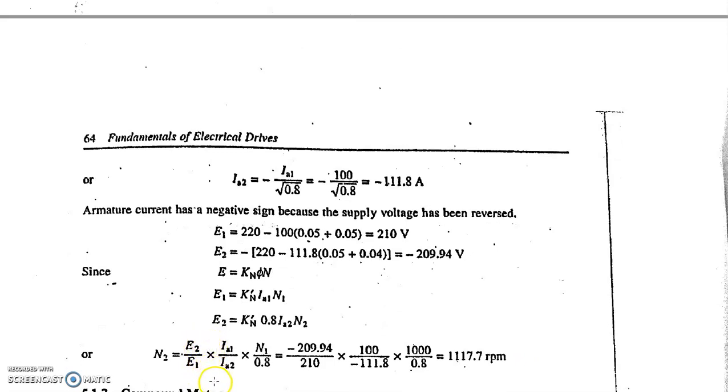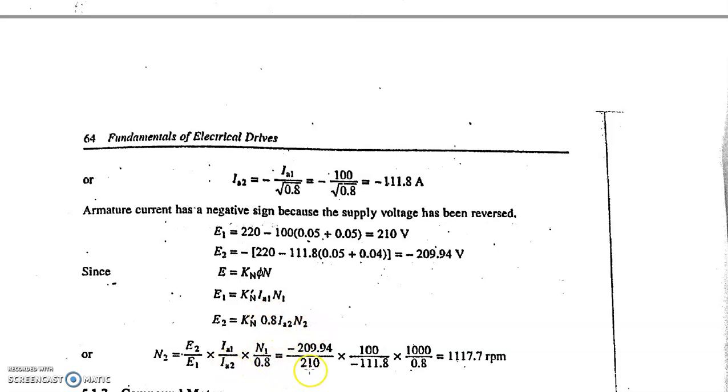N2 is E2 upon E1 into Ia1 upon Ia2 into N1. In this case E is proportional to K into phi into N, or in case of the first condition, K dash Ia1 into N1. But in the second case, flux is reduced to 0.8, so E2 is 0.8 into Ia2 into N2.